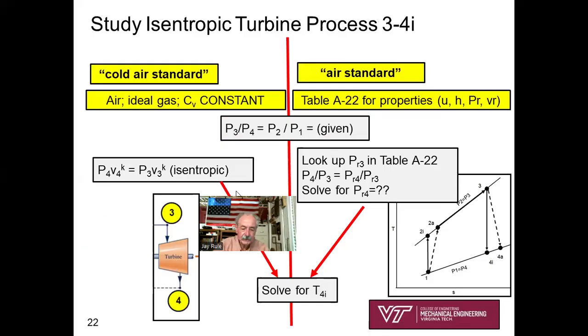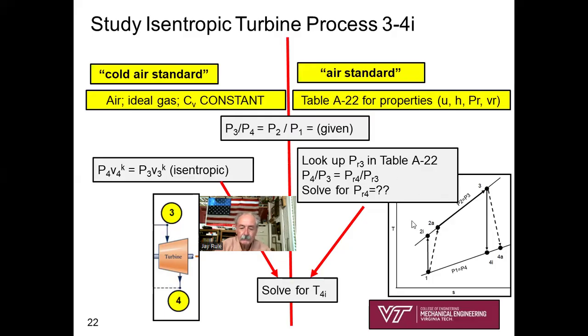The next thing to do is study the isentropic turbine process, 3 to 4i. We know we don't have an isentropic turbine, but if we can get some information about it, we'll use our knowledge of turbine efficiency to get the actual work. Let's say we've got air standard.